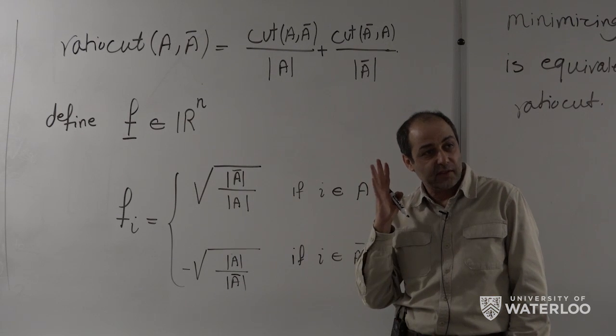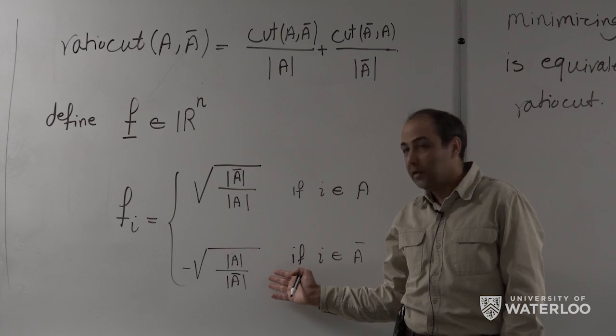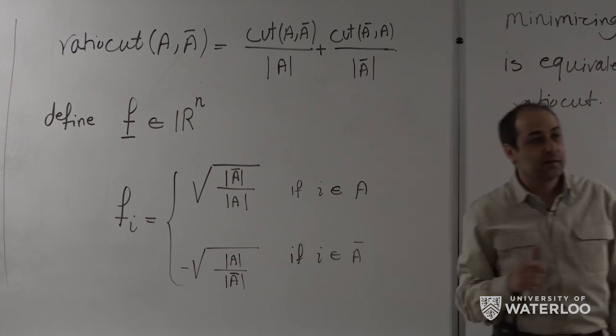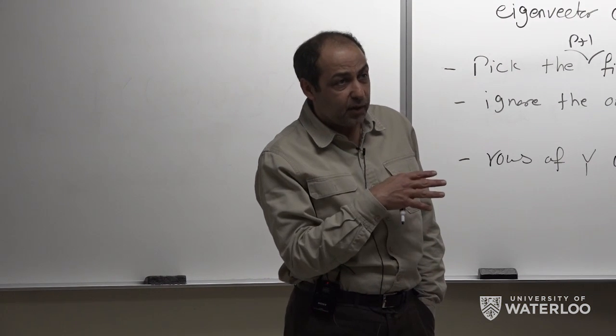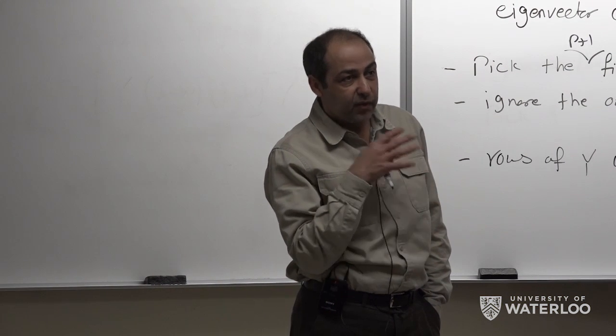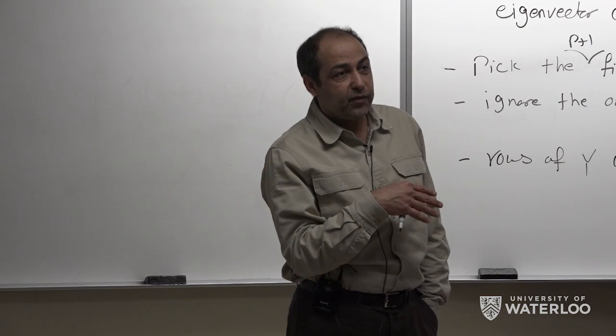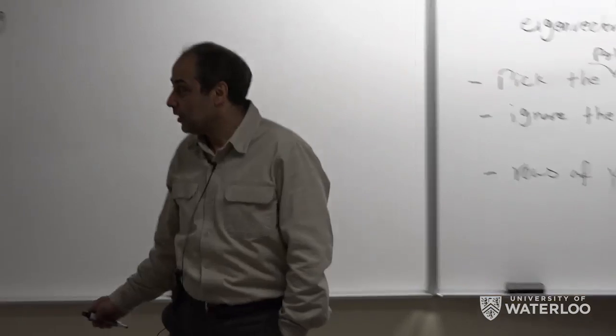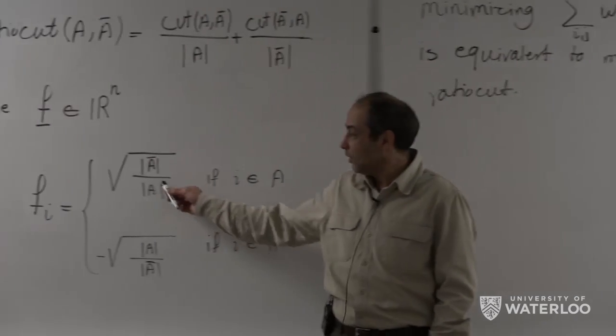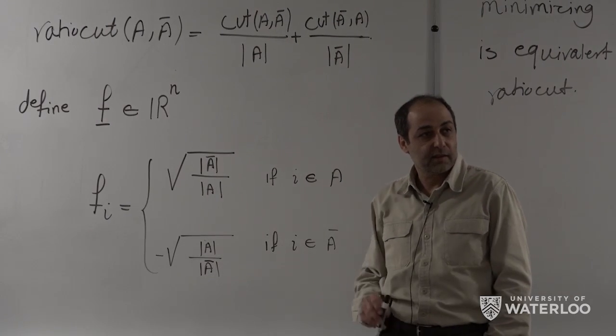If point x_i belongs to A bar, that's the label of that point. We don't know now whether x_i is in set A or in set A bar. But at the end of the day, if it turns out that x is in set A, the label corresponding to that point is this. Otherwise, it's this.